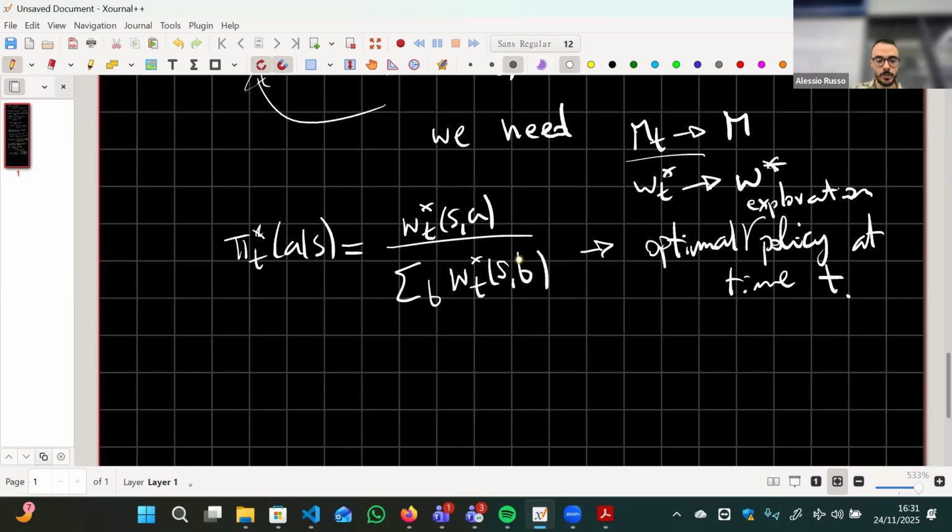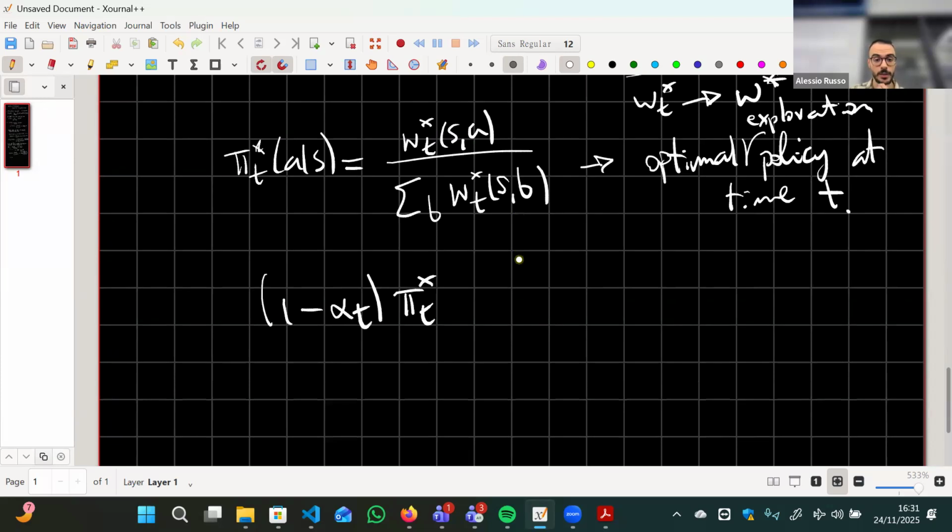And what we're going to do is mix this policy, using a mixing coefficient alpha_t, with another distribution. And we are going to call this convex combination the final exploration policy at time t.